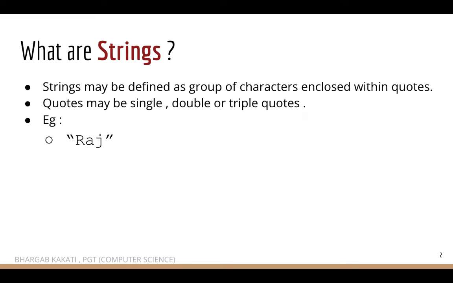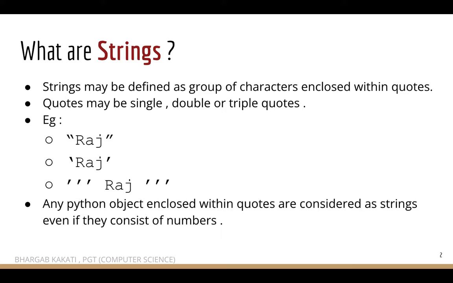Alright. For example, if I use the name Raj, if it is enclosed within double quotes, it will be termed as a string. If Raj is enclosed within single quotes, then also it will be termed as a string. Also, if it is enclosed within triple quotes, it is a string itself. Also, any Python object enclosed within quotes is considered a string even if it consists of numbers.